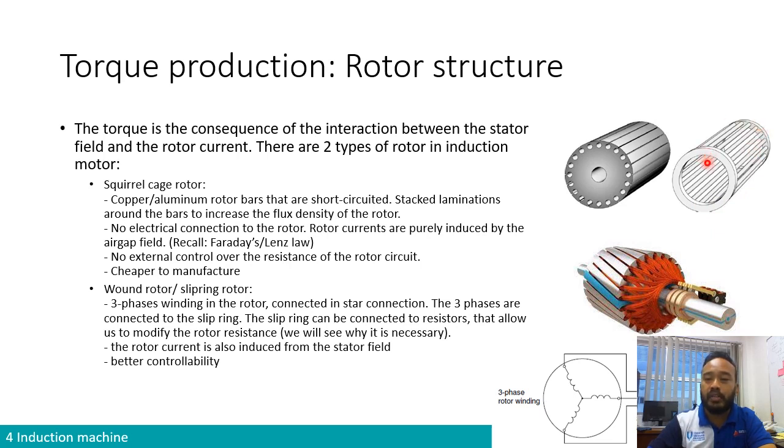And then what you do is basically you put a lamination. So this is basically a lamination. It's a very thin metal sheet that is stamped and then stuck together. And we're going to put this cage inside this lamination. So what is the purpose of this lamination? The purpose of this lamination is basically to increase the flux density around the rotor structure.